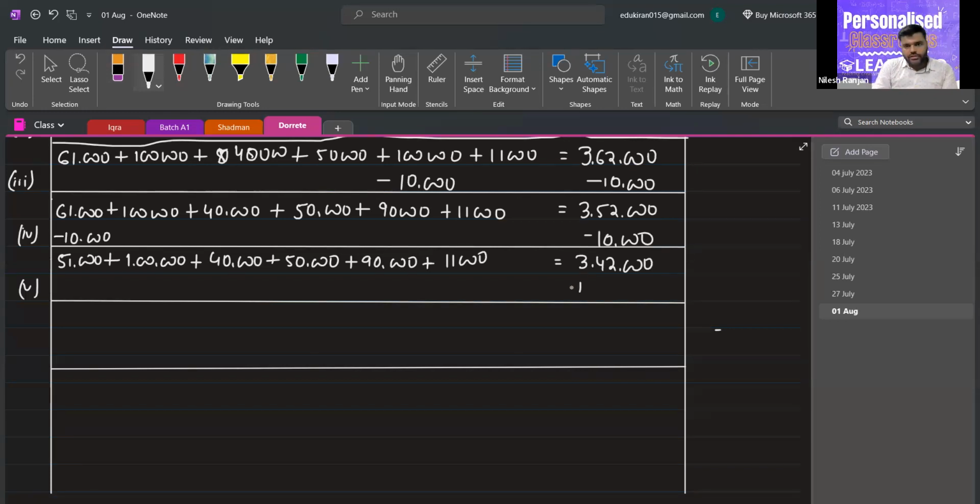So 500 will be added here as this is profit for the firm, and 500 will be deducted because drawing decreases our capital. Yes or no? Yes, sir. So both impacts will be on the capital, so it will not change 3,42,000.